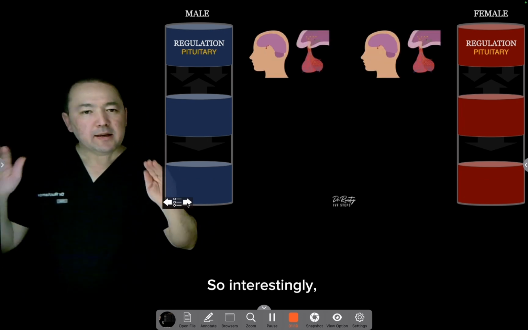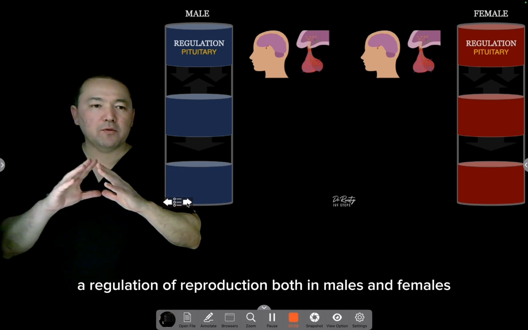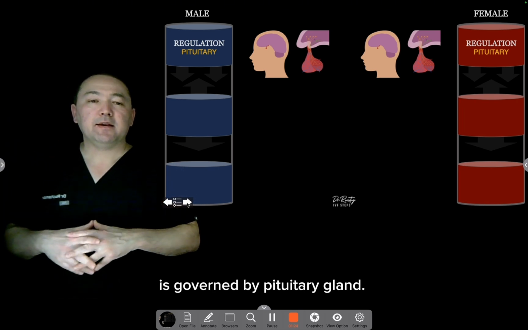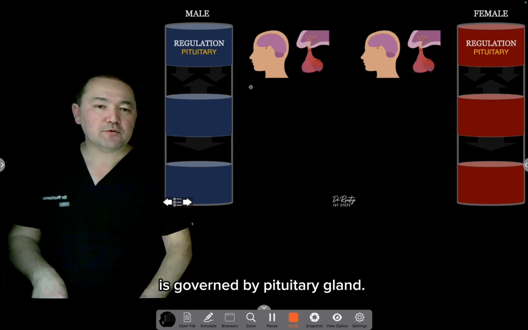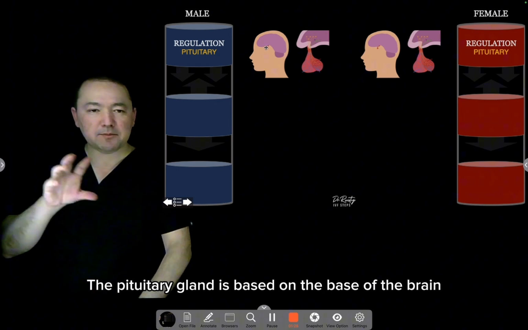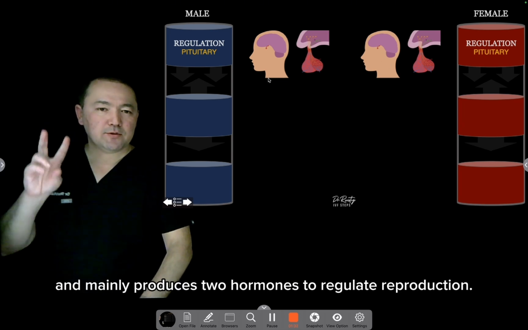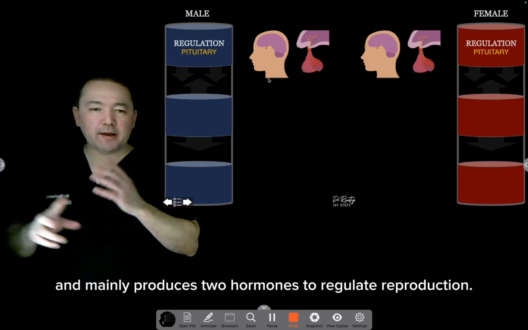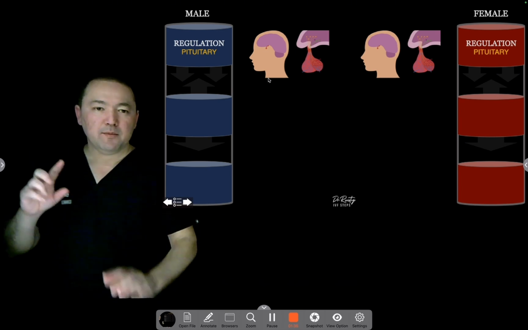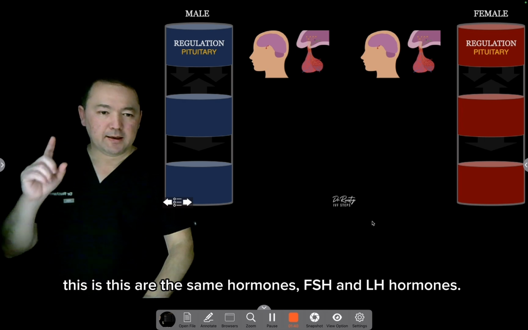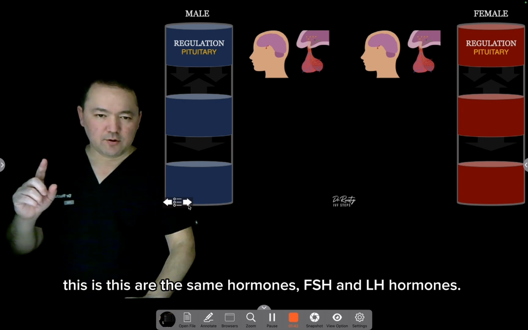Interestingly, a regulation of reproduction both in males and females is governed by the pituitary gland. This pituitary gland is at the base of the brain, and mainly it produces 2 hormones to regulate reproduction, both in females and males. These are the same hormones, FSH and LH.